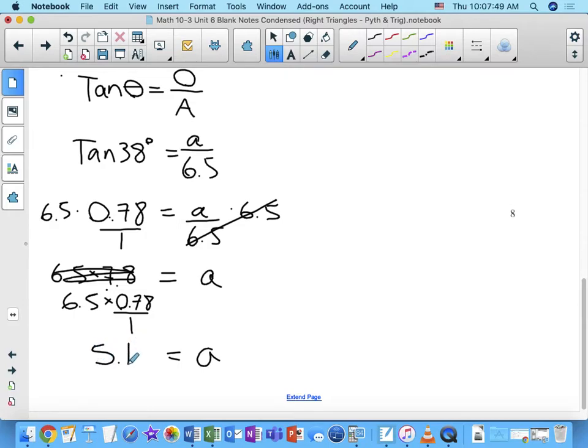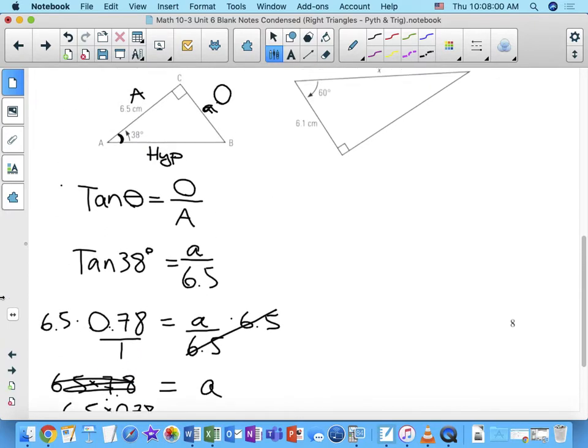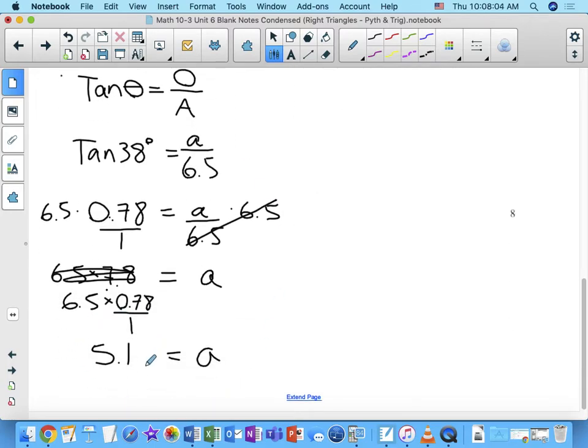And typically what I do with rounding is I round to the same decimal point as whatever's given to me on the other side lengths in the problem, right? So if I look here, this side is rounded to the nearest tenth, I would round this one to the nearest tenth as well. But if you left it as 5.07, that's fine too.